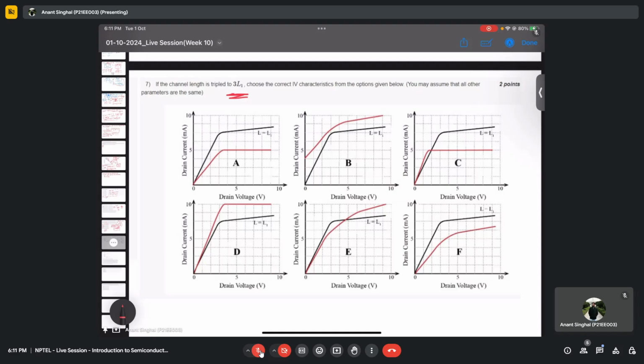Bottom third, that means, okay, I'm getting one answer as F. Is it right? You're saying bottom third means F. Okay. Anyone else?